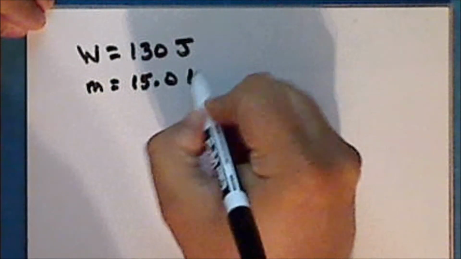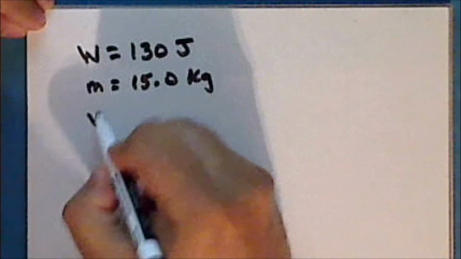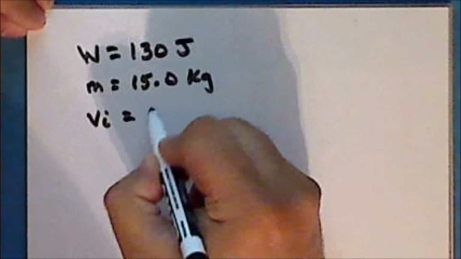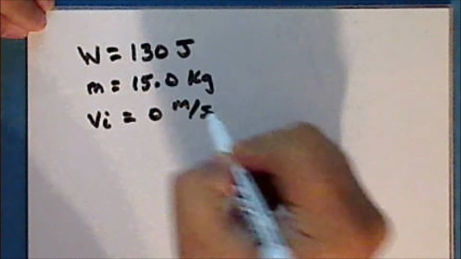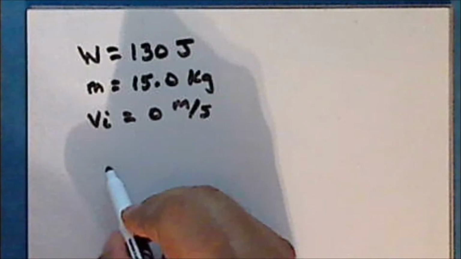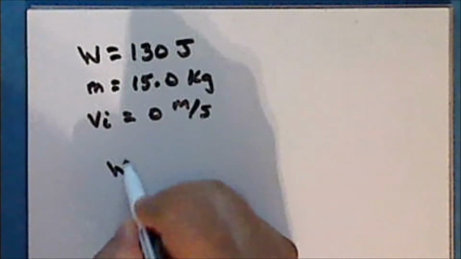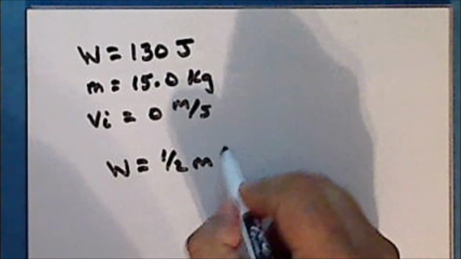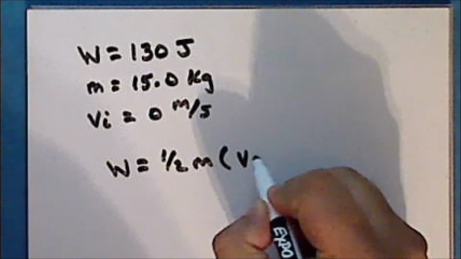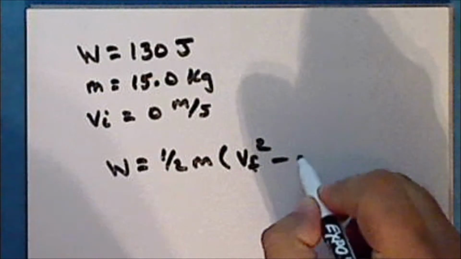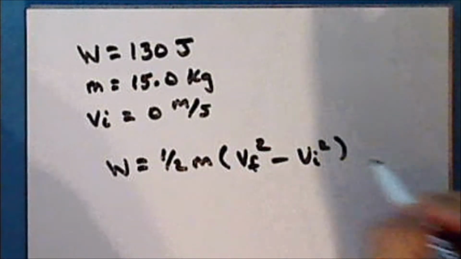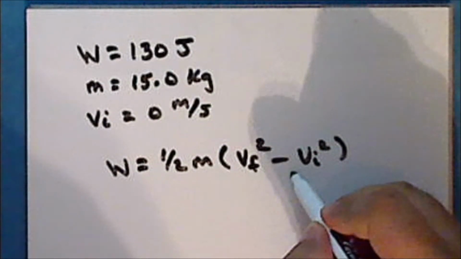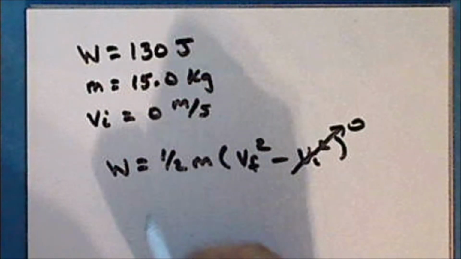We now know that the mass of the wagon is 15.0 kilograms and that the initial speed is 0 meters per second. Using the work-energy theorem, we have that the work is equal to 1/2 the mass times the quantity, the final speed squared minus the initial speed squared, where the initial speed is 0.